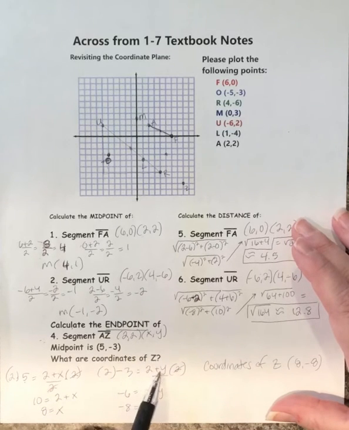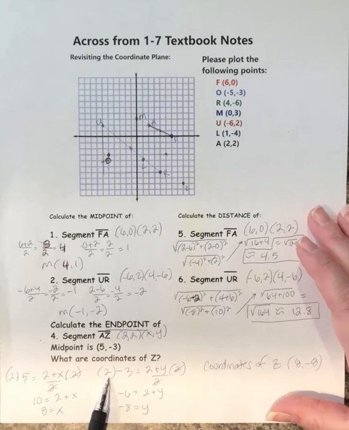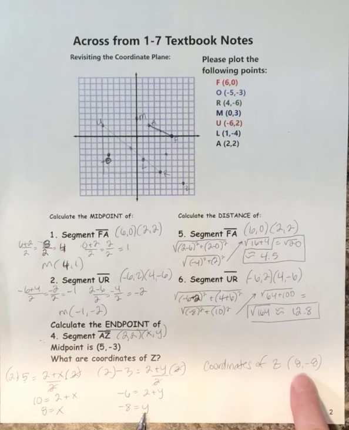That's why I have 2 plus y over 2. Same thing, I want to get rid of this 2 down here by multiplying by 2. Whatever I do on one side, I do to the other. I get negative 6 equals 2 plus y, and when I solve, I get negative 8. So the coordinates of Z would be 8, negative 8.